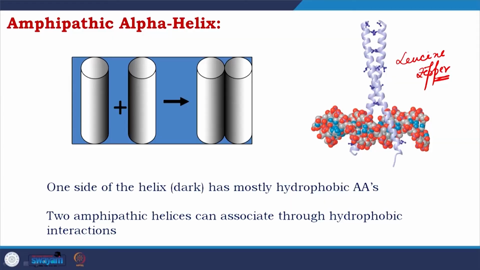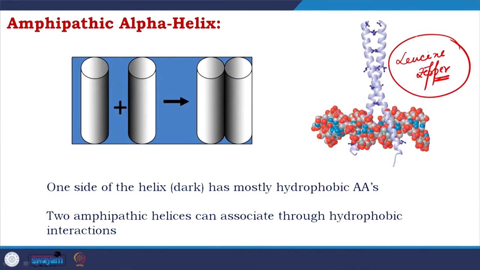Here there is a helix interaction stabilizing the motif, and it could bind to DNA. So, once you see a leucine zipper, you know that it is binding to DNA. It's a DNA binding motif. We will talk about that later.